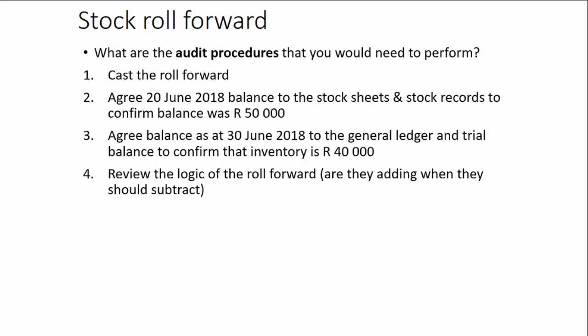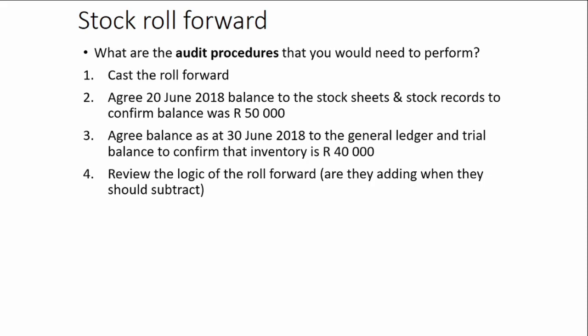So are the right things being added and are the right things being subtracted? For the things that are being added, our client will be adding purchases that they have made. For the purchases that are being added to the balance, we want to trace them to invoices.